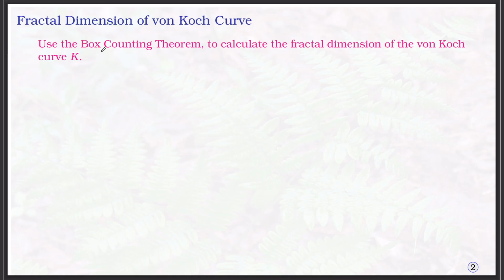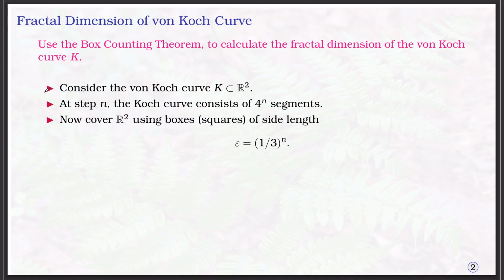Now we use the box counting theorem to calculate the fractal dimension of the Van Koch curve K. Consider the Van Koch curve K as a subset of R power 2, that is, m equal to 2.